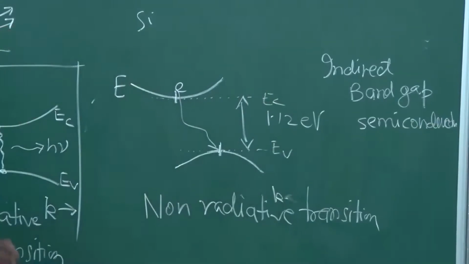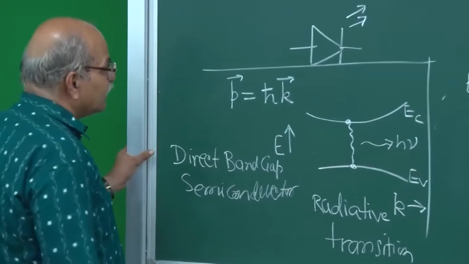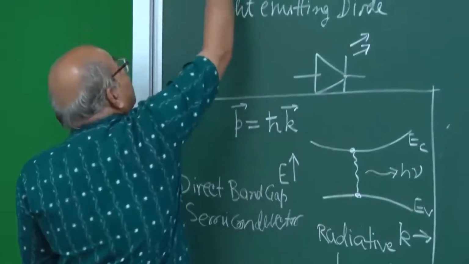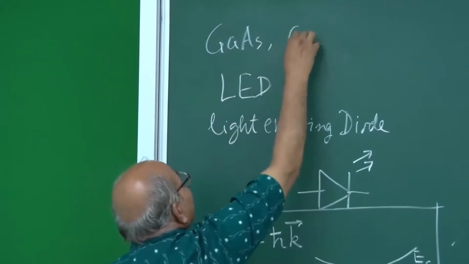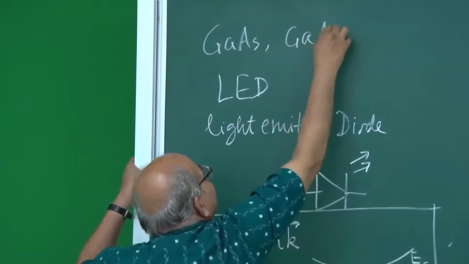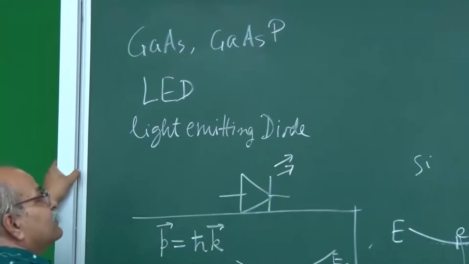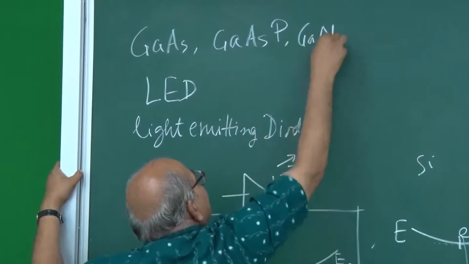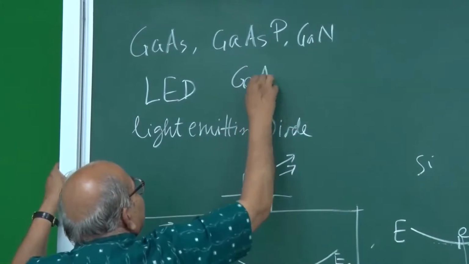For LEDs, you need direct band gap semiconductors, and the materials which are used are gallium arsenide, then gallium arsenide phosphide, where you can put phosphorus in certain proportion. You can have gallium nitride, you can have indium somewhere coming in.